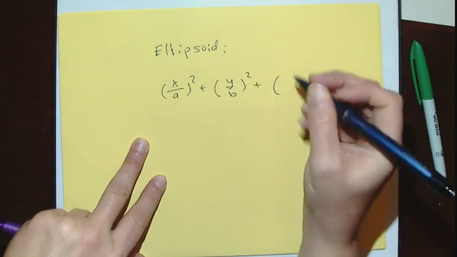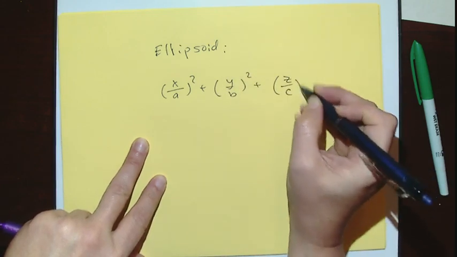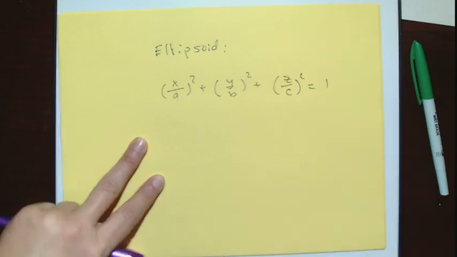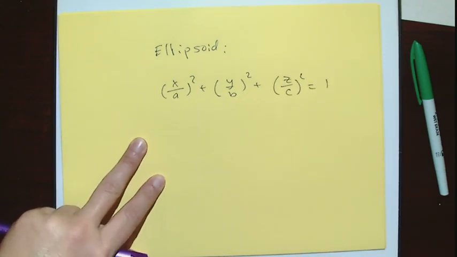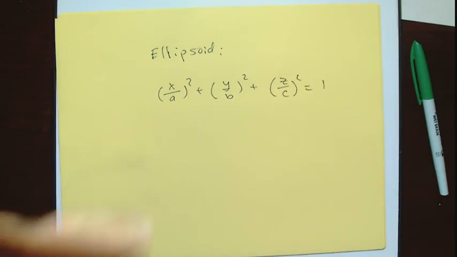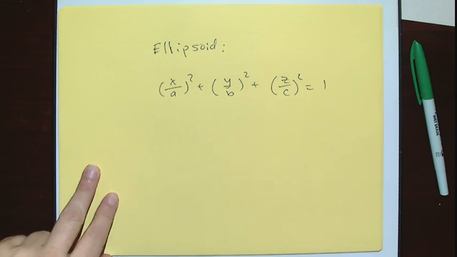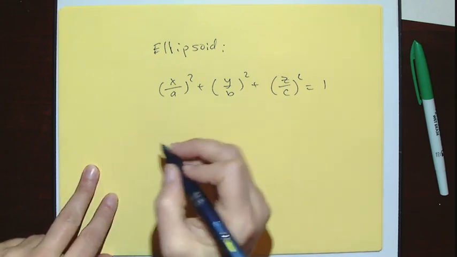Can you give me a real life object that looks like that? Egg? Egg is good. Yeah, a football looks like an ellipsoid, right? That's another one. If you're expecting me to throw a football, it's not going to happen.